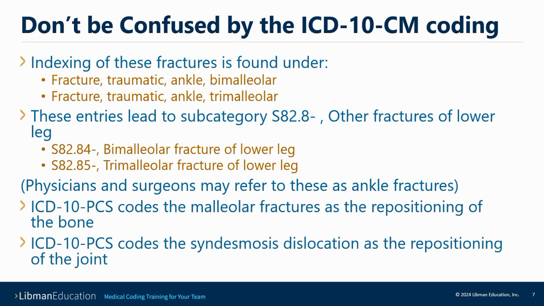So in summary, the physicians may refer to these as ankle fractures. That's not an issue. Just remember that the repositioning of the malleolar fractures is repositioning of the bones. The syndesmosis dislocation is a separate issue of the ankle joint, and if repositioned, that is coded separately as an ankle joint repositioning.